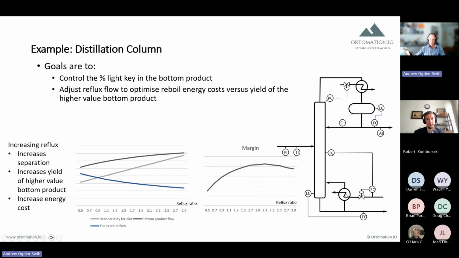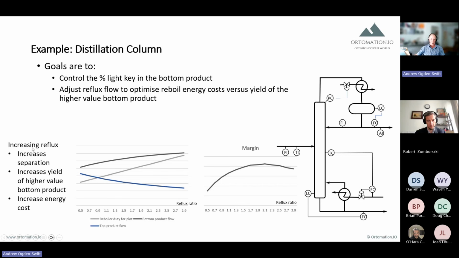The goal there is to control the amount of light key in the bottom product. And what we're looking at is to adjust the reflux flow back into the column to optimize reboil energy cost versus yield of the higher value bottom product.